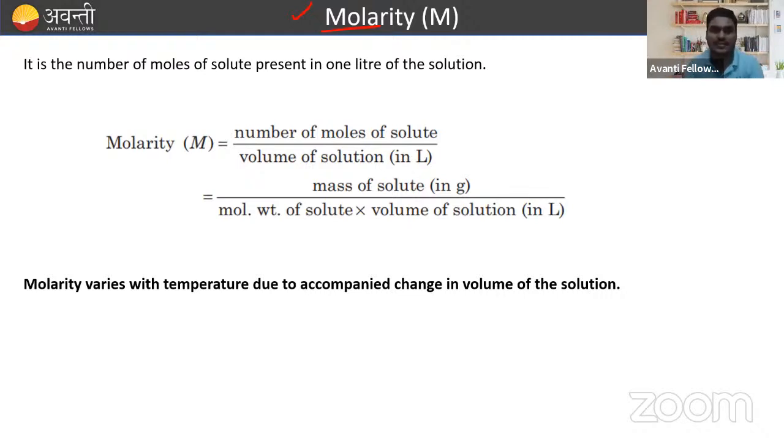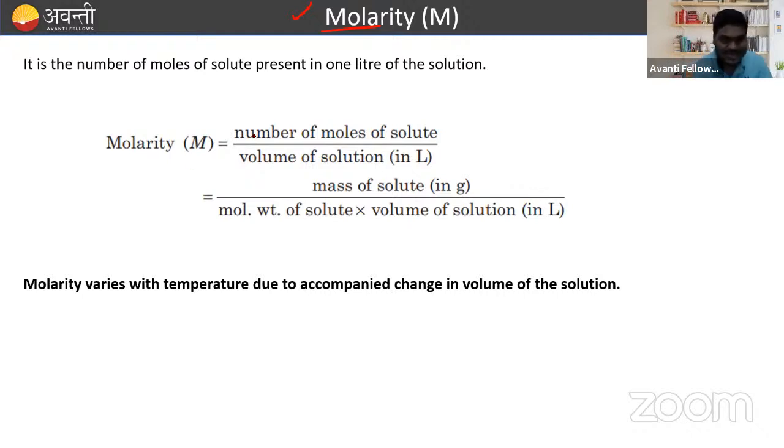So what is molarity, beta? Molarity is nothing but the number of moles of the solute present in 1 liter of the solution, right? So the number of moles of the solute present in 1 liter of the solution is known as molarity.